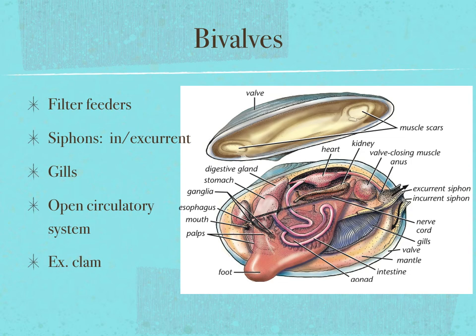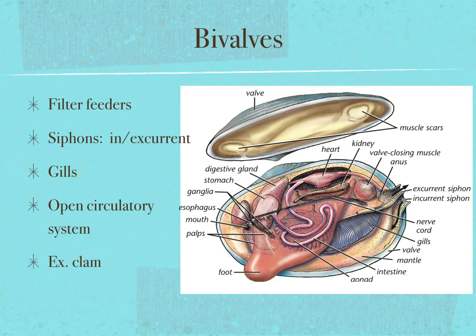Notice very quickly that on the top right and left, they have what is labeled as a valve closing muscle. Now that muscle has been cut off so we can see it, but it's usually attached to the top valve where it is labeled muscle scars.